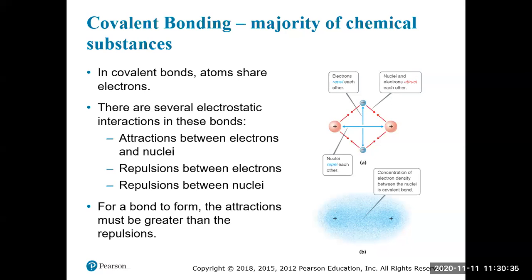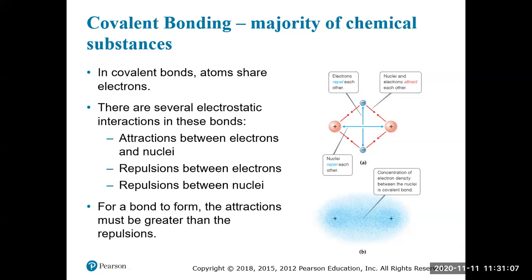One thing I want to point out is the figures on the right-hand side of the slide, the B figure in particular. We see two nuclei, the plus marks, and then all these blue dots around, similar to what we saw in some lab work. The blue dots represent the probability of electrons being there, all that fun stuff we learned in lab.